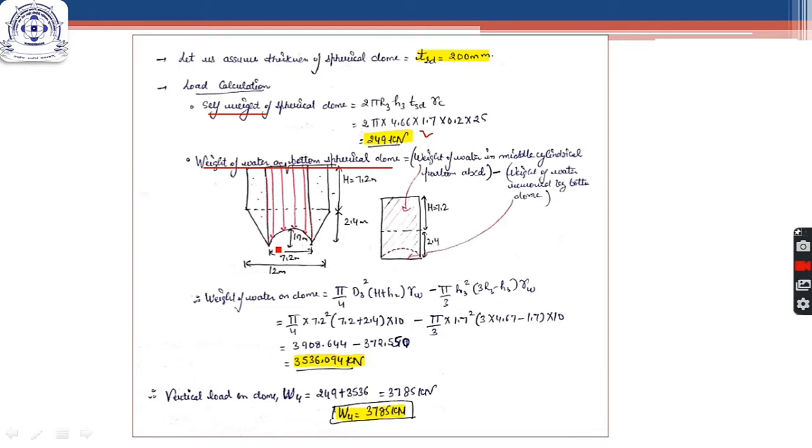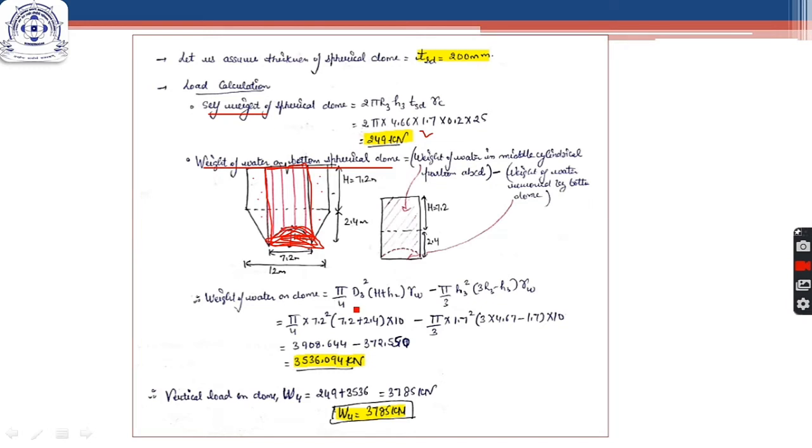If we calculate the weight of this whole cylinder and then deduct a certain value from it, we get the desired value. The volume of this cylinder will be pi by 4 d3 square, where the diameter of the cylinder is d3, into height h plus h2, which is the overall height of this cylinder.